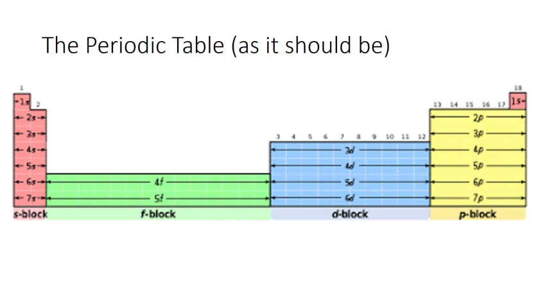You've got your 1s, your 2s and 2p, 3s and 3p, 4s, but then 3d, 5s, 6s, and again, 4f.